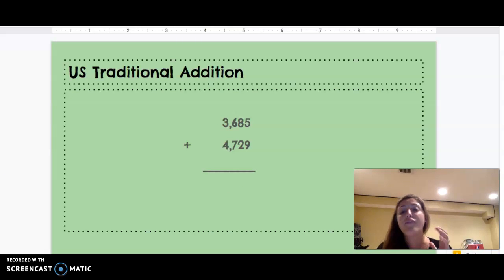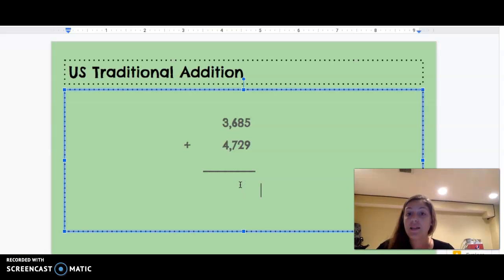3,685 plus 4,729. If I'm using U.S. traditional addition here, I am first going to look at my ones place. And I'm going to think, okay, what is 5 plus 9? Well, I know that 5 plus 5 would be 10. I know that 5 plus 6 would be 11. 5 plus 9 is 14.